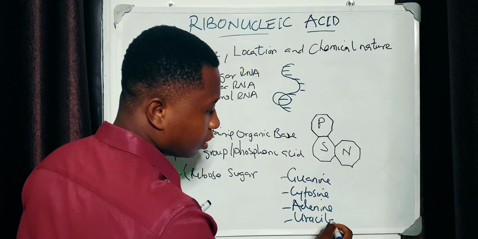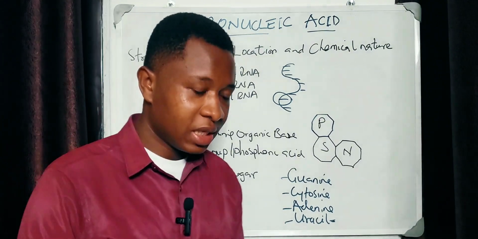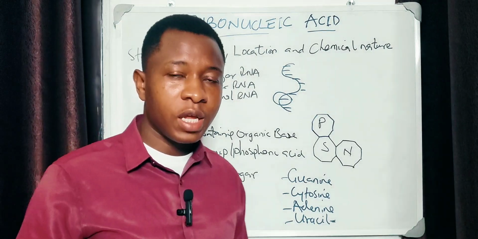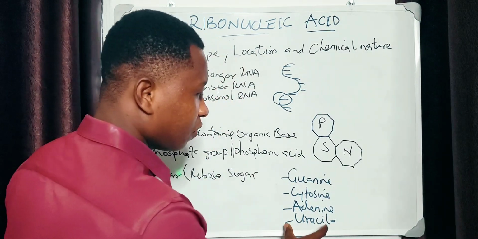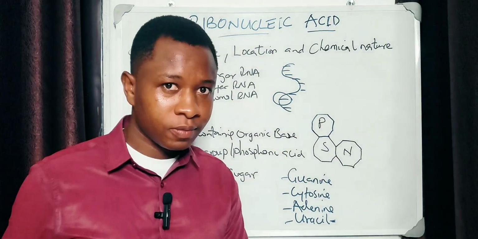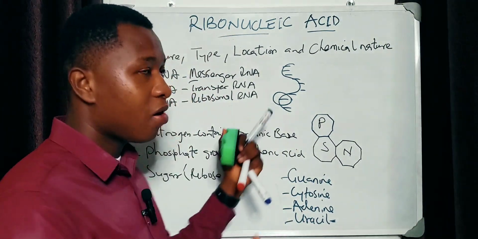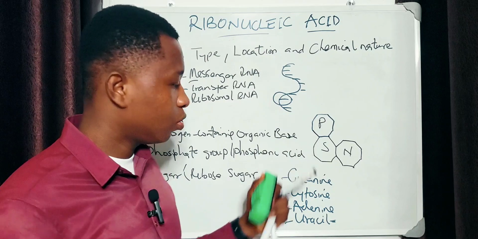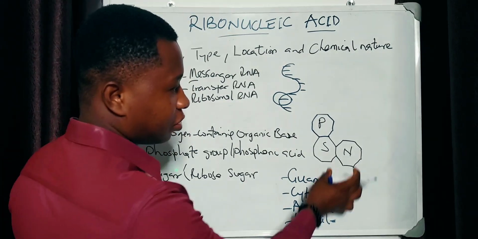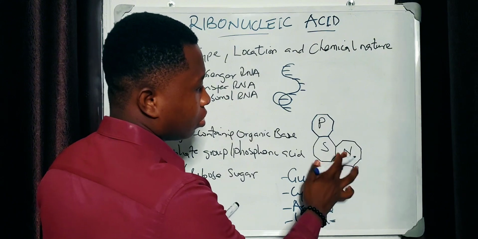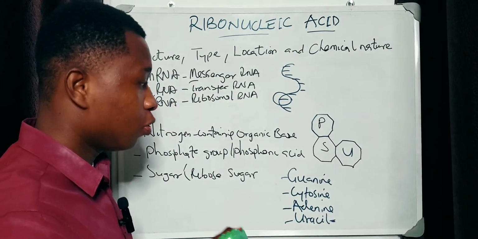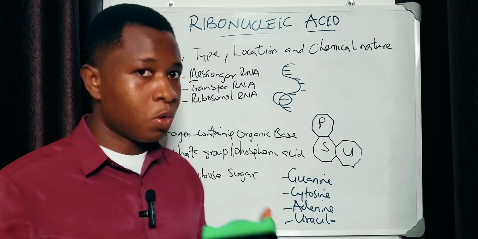Now, uracil is what differentiates the RNA from the DNA in terms of chemical nature. In place of the uracil, in the DNA, you will find thymine, but there is no thymine in the RNA. So in place of thymine, you have uracil. So let's assume that this type of nitrogen organic base is uracil. It could be cytosine, it could be guanine.